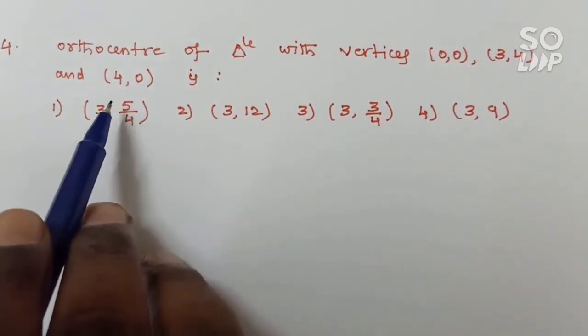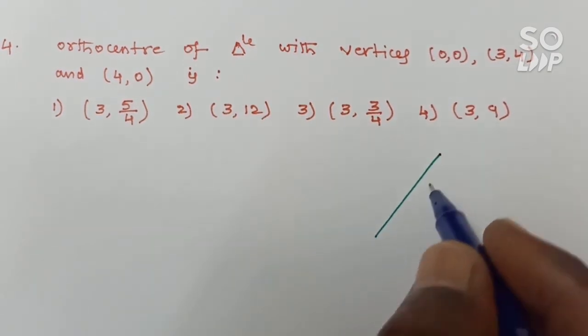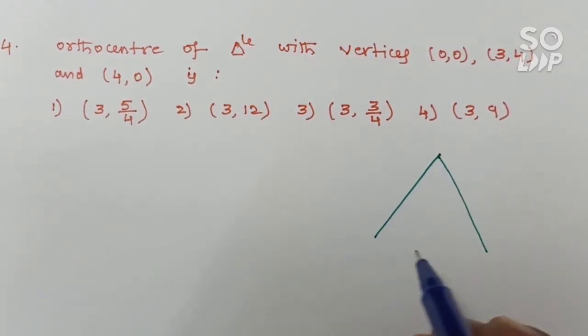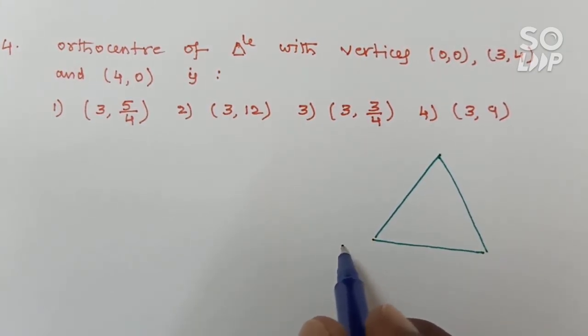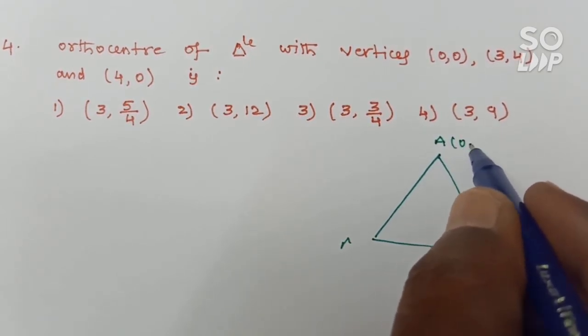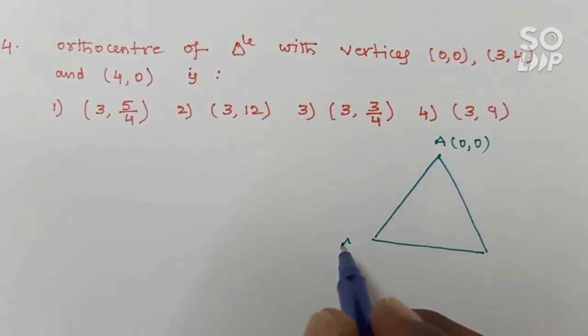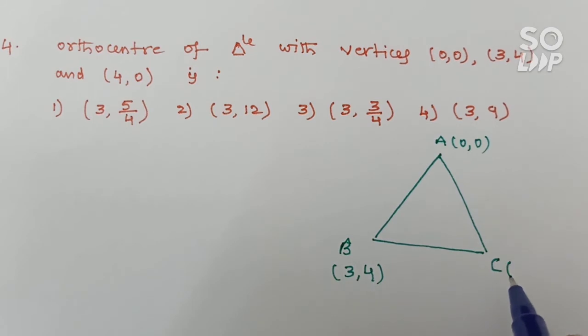So this is nothing but a general triangle. Now you take a general triangle. These are the vertices. One vertex is 0 comma 0, let this one be A. This is 0 comma 0, and this one is B. B is equal to 3 comma 4, and C is equal to 4 comma 0.